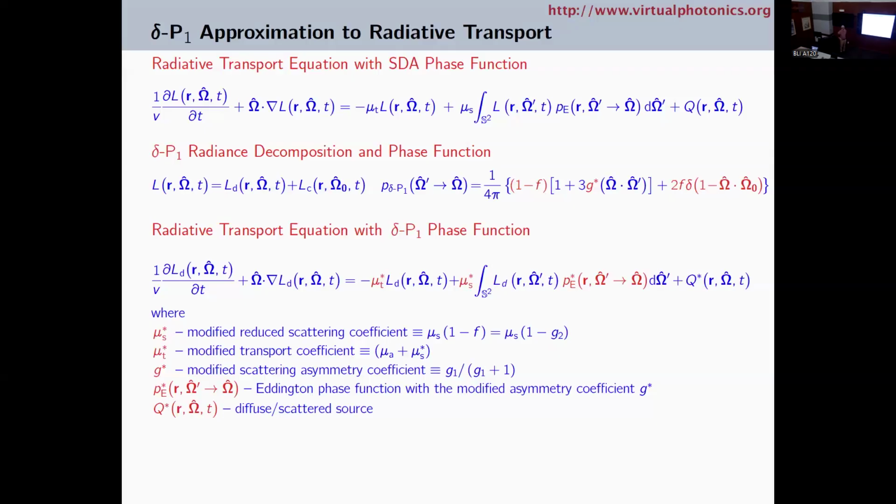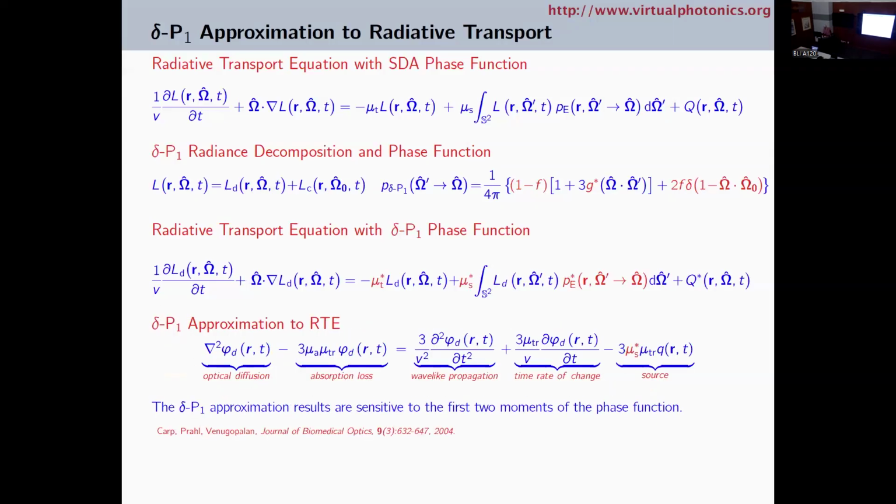So in the Henyey-Greenstein phase function, the first moment is G, second moment is G squared, third moment is G cubed, and so on. That's not true for all phase functions, but it's explicitly specified here. Okay, so if you've solved the standard diffusion approximation, you've solved delta P1. You just use slightly different coefficients.